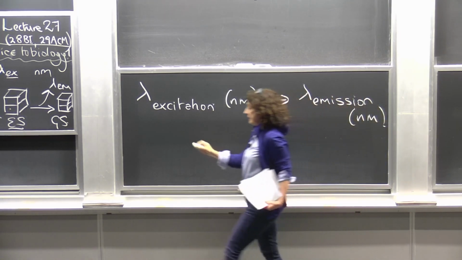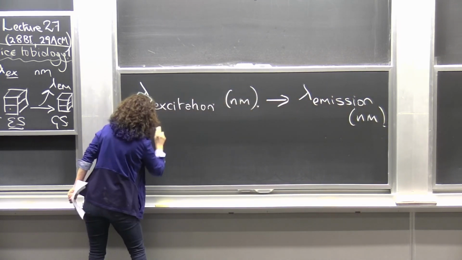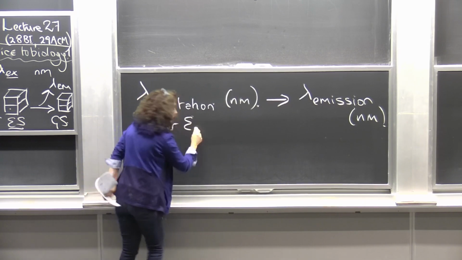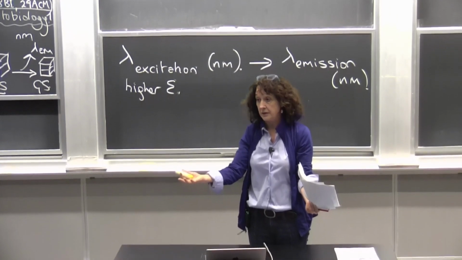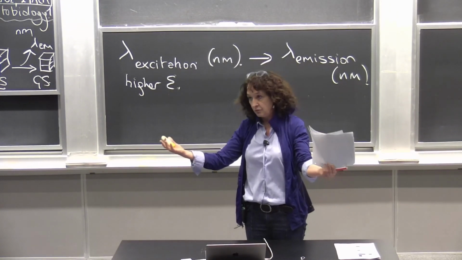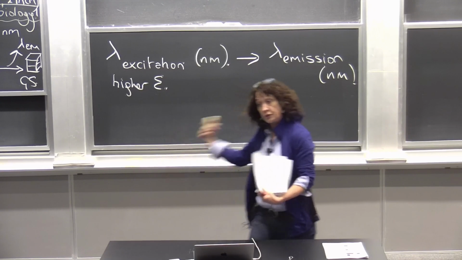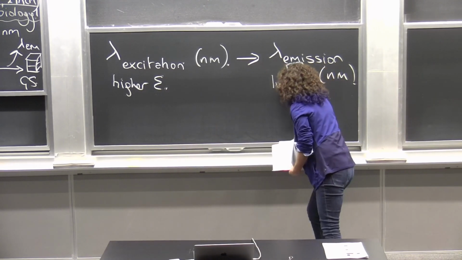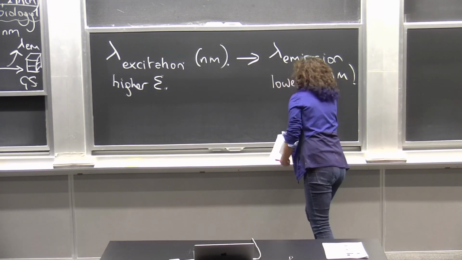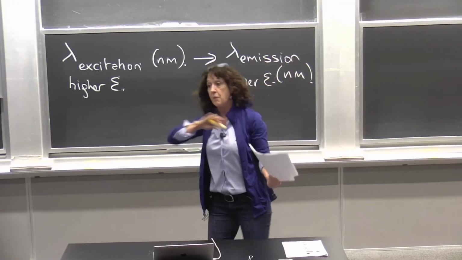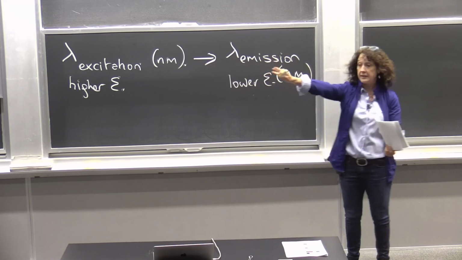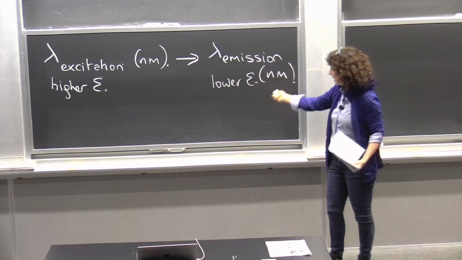This wavelength is higher energy. Obviously, you don't create energy when you shine light on something. You'd be breaking a few fundamental rules if you did. So the light that comes back out is lower energy because there's been rearrangements in the excited state of the molecule, so you can't possibly kick energy out at a higher energy.